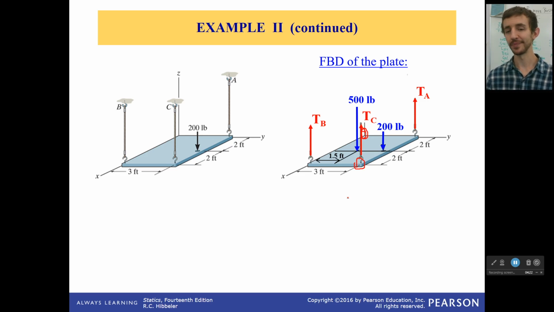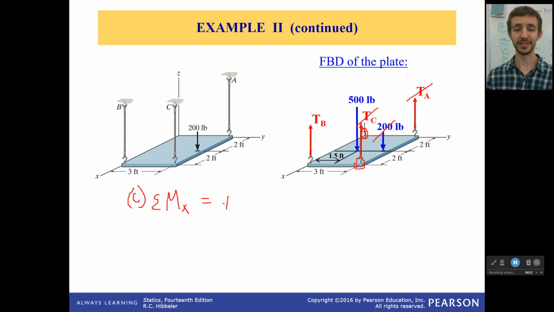And you're wondering why. Well, let's take the sum of the moments around the x-axis at point C. There is no moment at point C, so we don't have to worry about this. I'll make sure I put a little C right here. Well, what forces cause a moment around the x-axis? This one doesn't. That one doesn't. That one doesn't. Do you see where I'm going here?